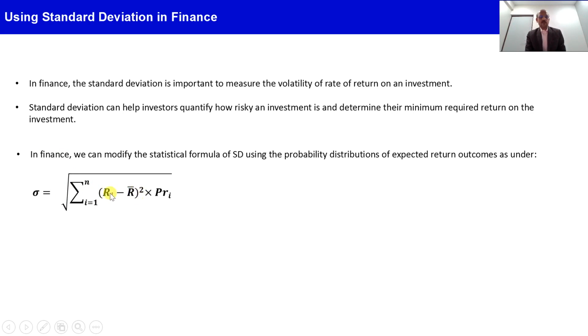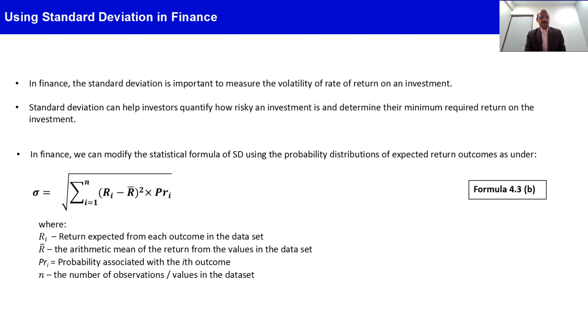So the difference between the two values is squared, and each value is multiplied by the respective probability, and then the sum is taken, and if we take the square root of the whole thing we get the standard deviation.